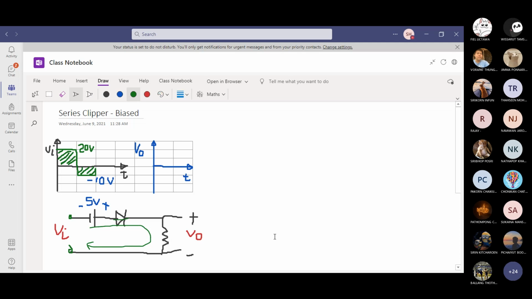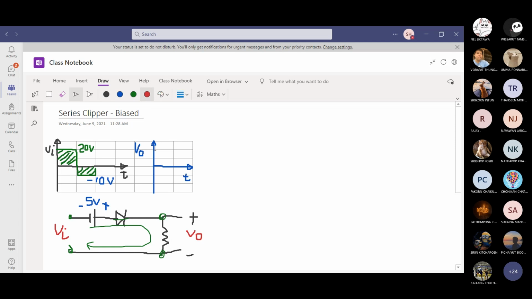What is the output voltage then? Taken from this node. What is the output voltage? Input voltage is now plus 20. What is the output voltage then? 25. 25 is the output voltage, positive half cycle.